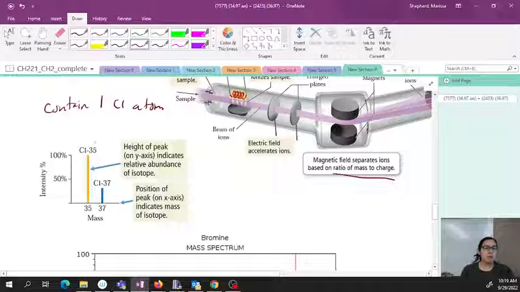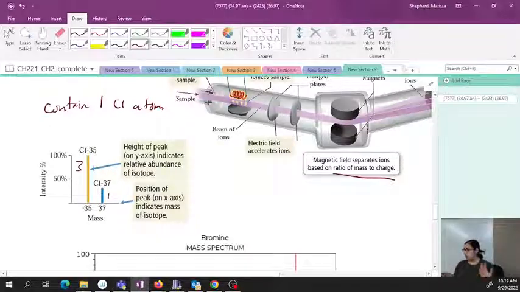So you would have one at 35, and that would correspond to the relative abundance. So this would be about 75% abundance versus 24%. And so you can see that reflected in their ratio of about 3 to 1 just with the height. So that tells you their abundance, and that tells you, again, your isotopes.